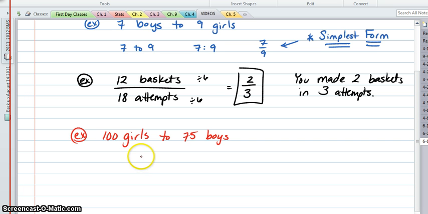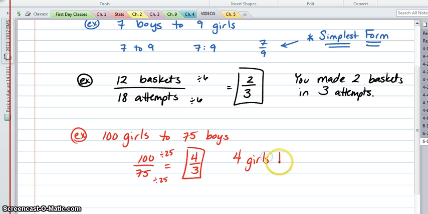So again, 100 girls to 75 boys. We set it up just like this. We can go ahead and divide by 25. And you'll see that we get 4 to 3. Okay, so there are 4 girls for every 3 boys. Definitely in the boys' favor in that case.